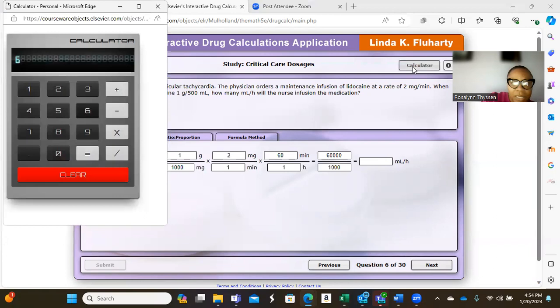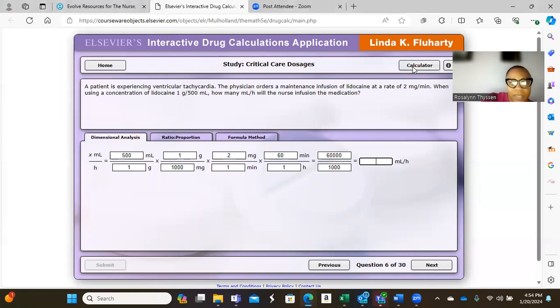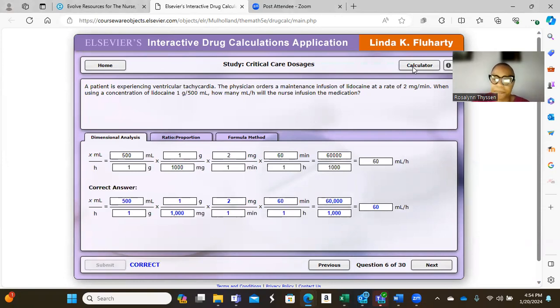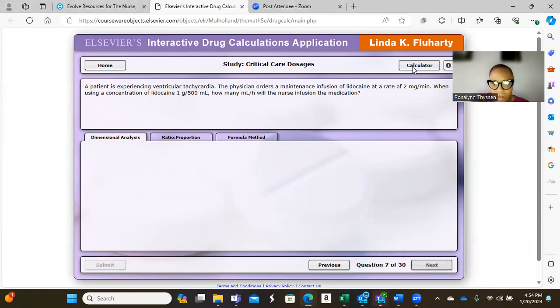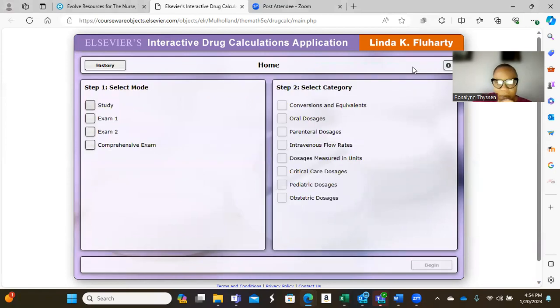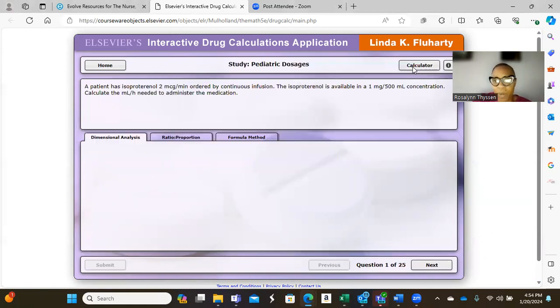I would do 60,000 divided by 1,000, and that is 60 mils per hour, if I did my math right. Yes. Okay, all right, let's see what else we got on here. Pediatric dosages. A lot of times that involves safe dose range. Okay.